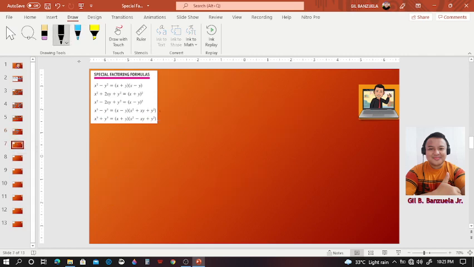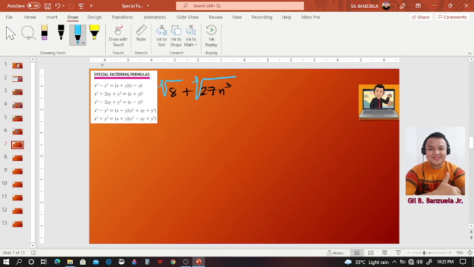So, let's try another one. Supposing I have 8 plus 27n cubed. Again, the first thing that we have to check is if the first and the second term are perfect cubes. Kasi if not, then this is not under sum of two cubes or difference of two cubes. So, we cannot use the pattern.